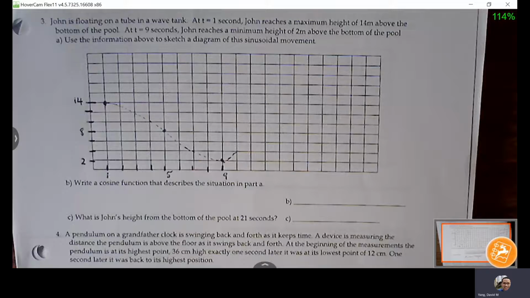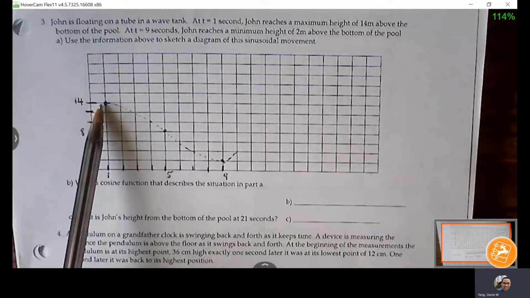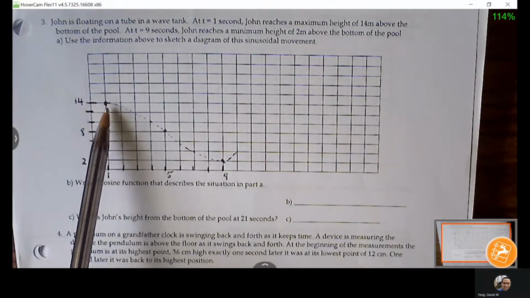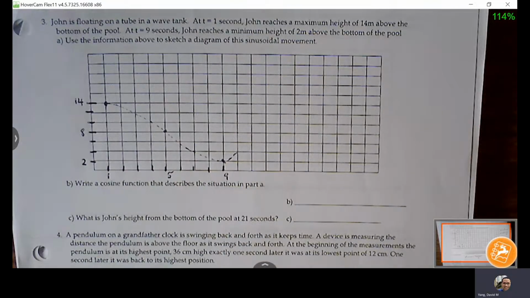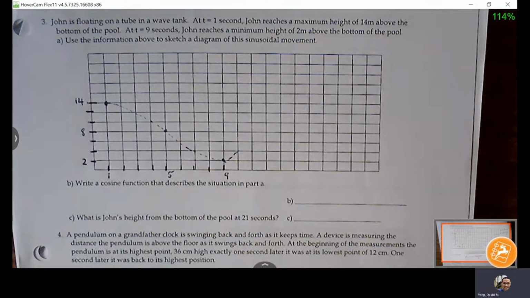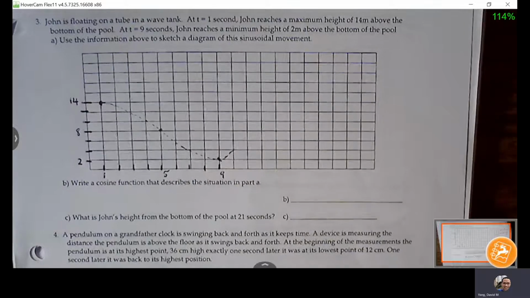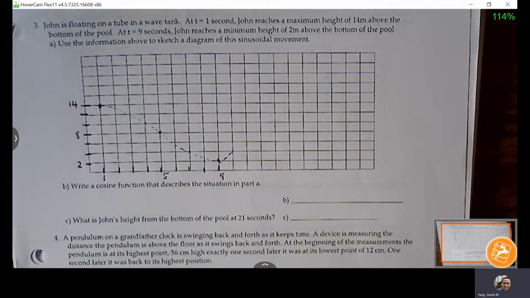Okay. John is floating on a tube in a wave tank. At 1 second, John reaches maximum height of 14 meters. At 9 seconds, he's at minimum height of 2 meters. What do you think the period is? 16.